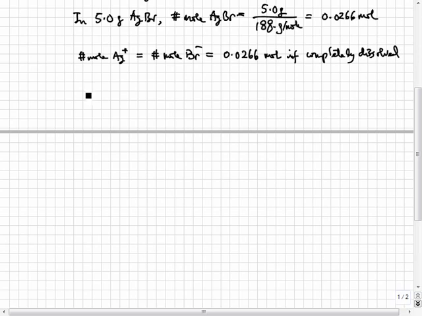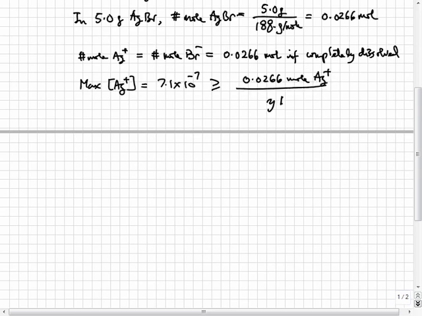If the volume is Y liters, then the Ag+ concentration is 0.0266 mole divided by Y, and this must be less than 7.1 times 10 to the minus 7. We solve for Y, and we see that it must be greater than 37,000 liters.